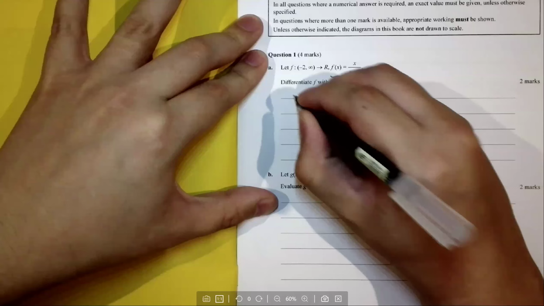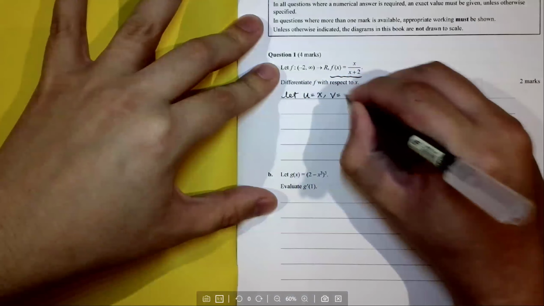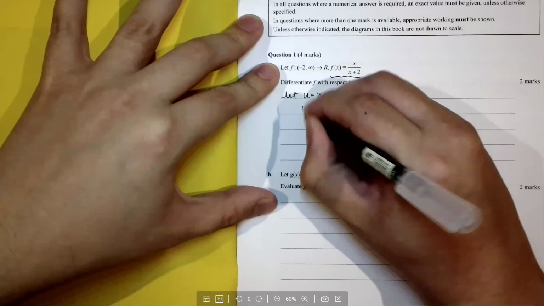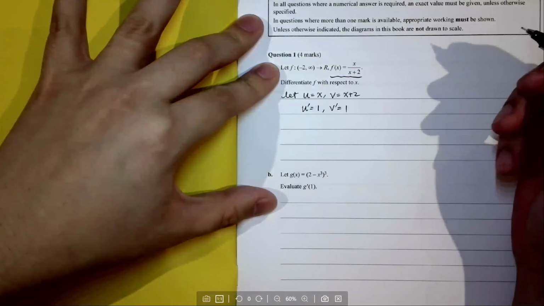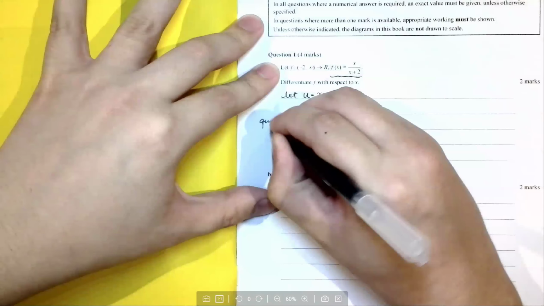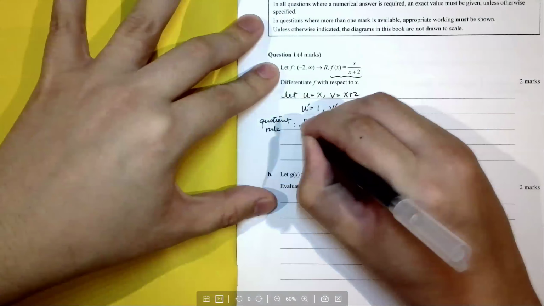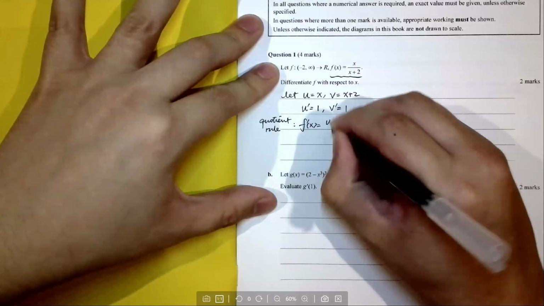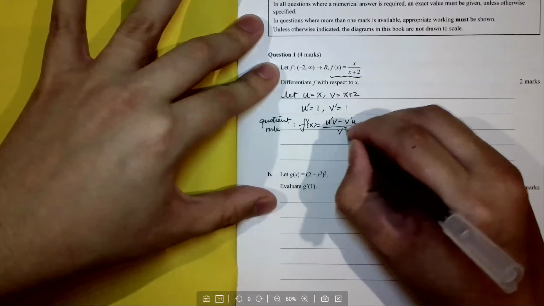So we could say let u equal x, v equal x plus 2. u dash is 1 and v dash is 1. So now we are going to use the quotient rule, to get f dash of x is u dash v minus v dash u divided by v squared.